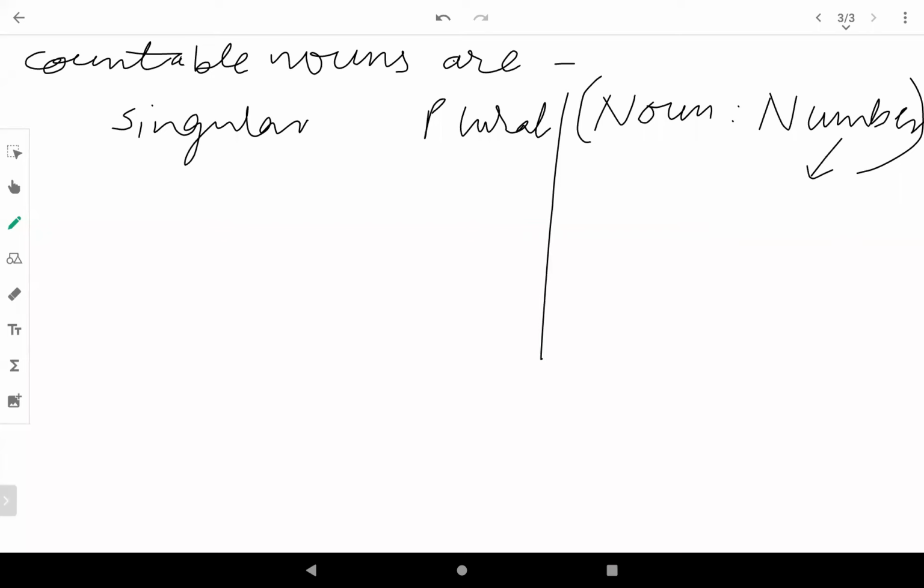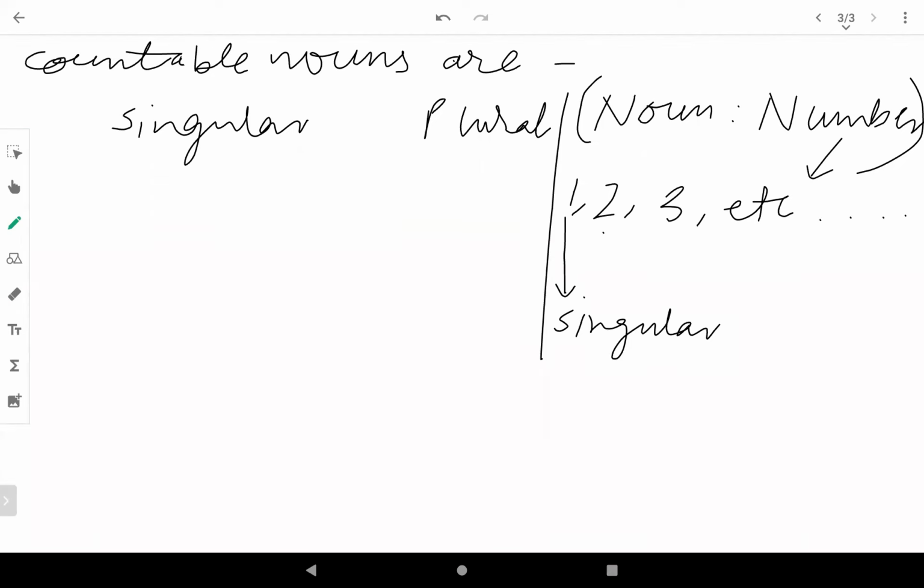Number means the counting numbers. One, two, three. Like this, it will never end. It goes on. Now, what is singular and what is plural? One is singular. If there is one, it will always be singular.